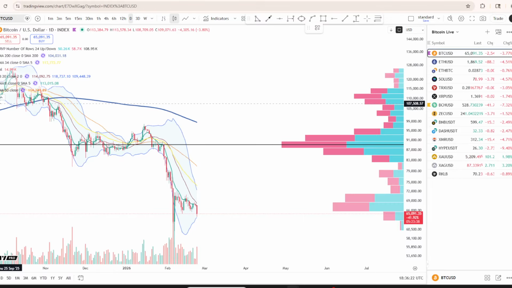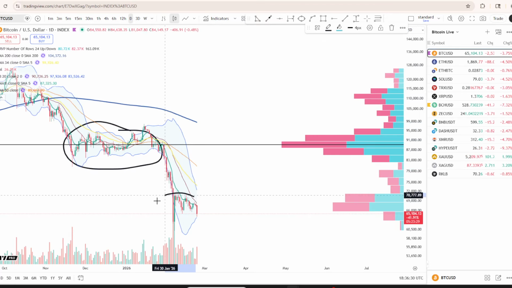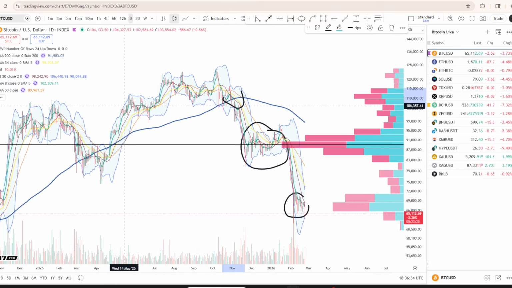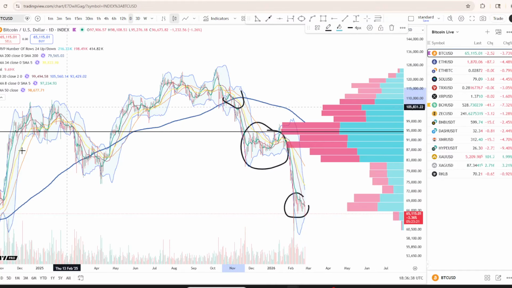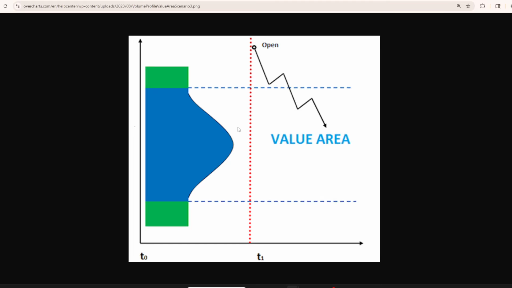Since late September of 2025, there's a lot of volume in this range, a decent amount here, and not as much up here. If I scroll back out, it will change, and there's a lot of volume all over here, but the point of control is here in the middle. The point of control is essentially where the most volume transpired in the middle of the value area.